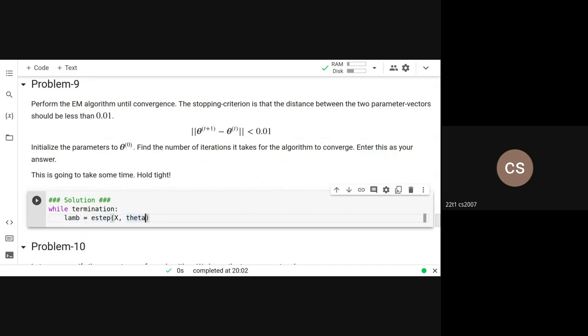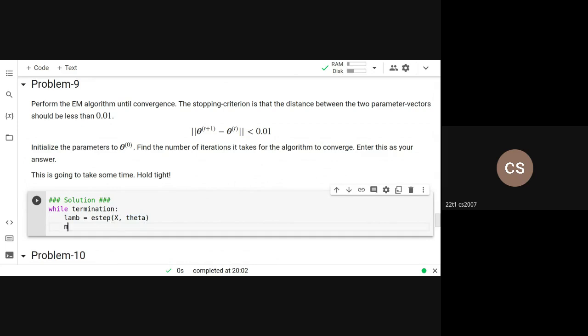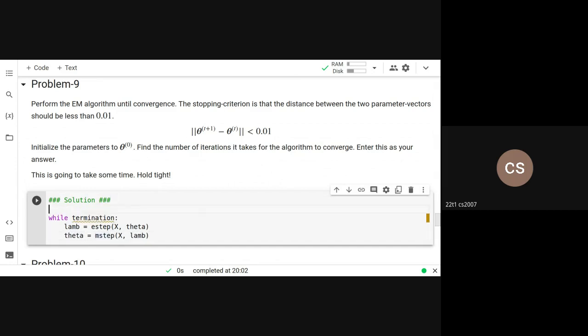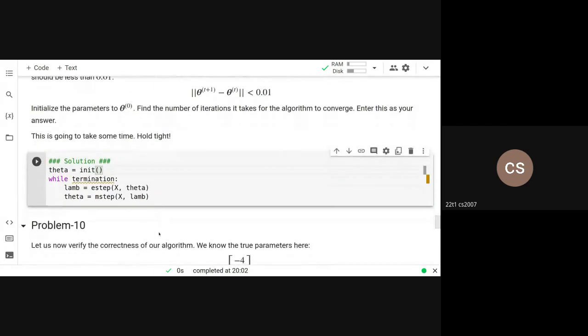Then perform the m step on x comma lambda, that will again give you theta back. While termination, keep doing this. So this is the EM algorithm in terms of code.